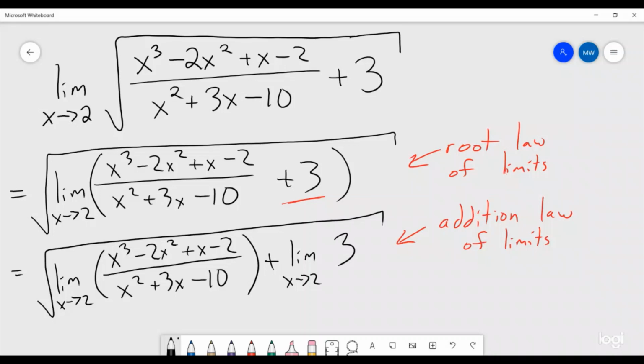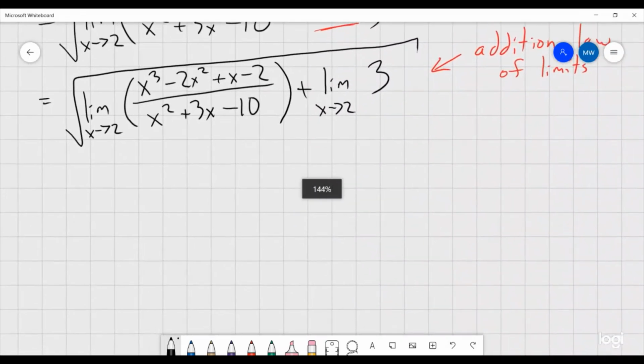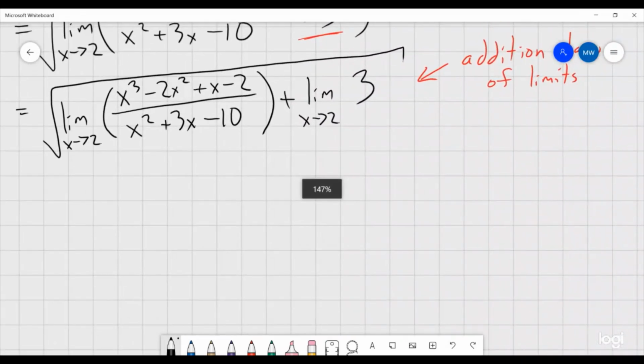Great. We moved out the plus 3 so that we can now have a single limit which is 0 over 0. So let's try and figure out how we can approach that one.